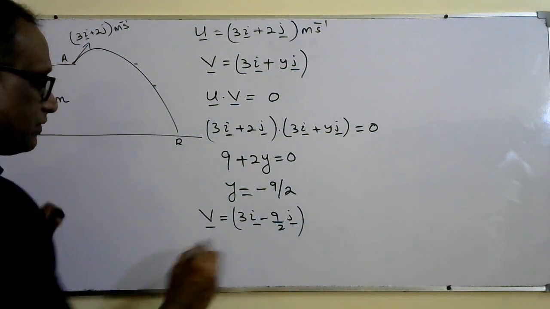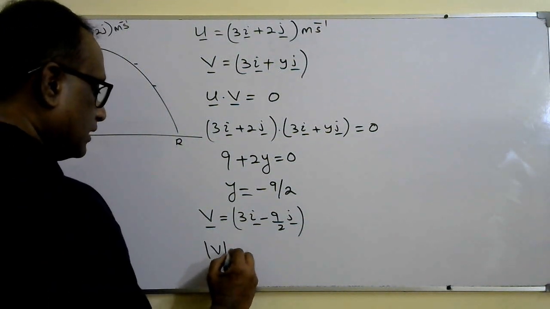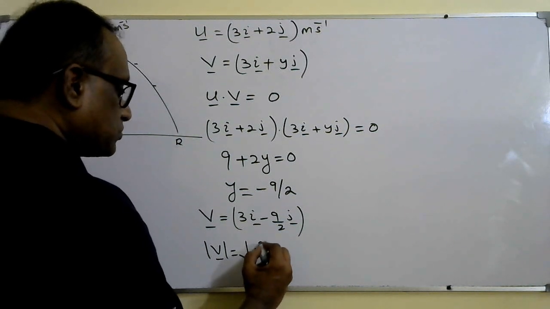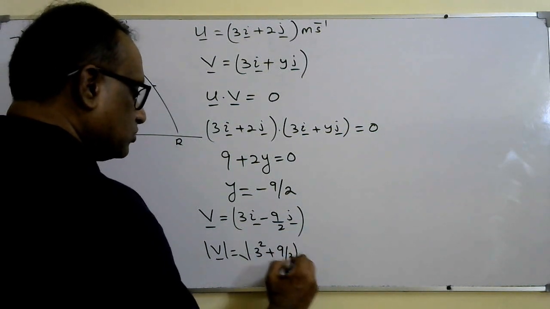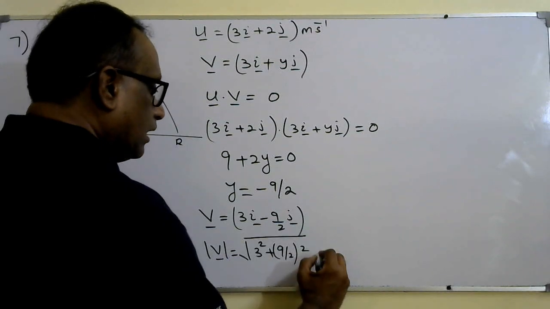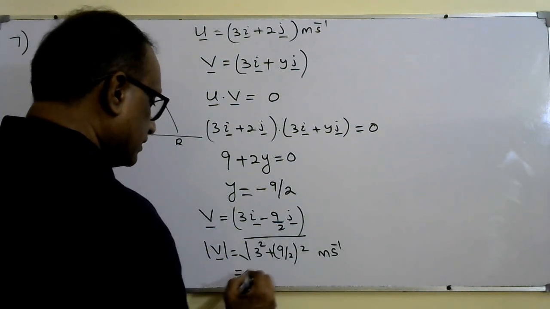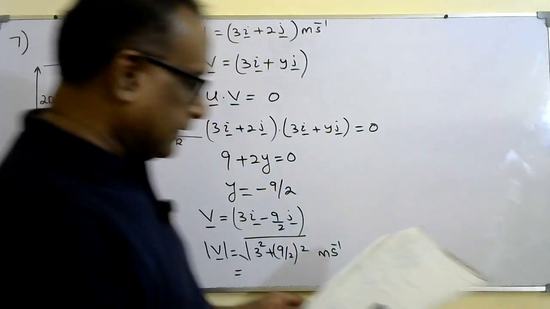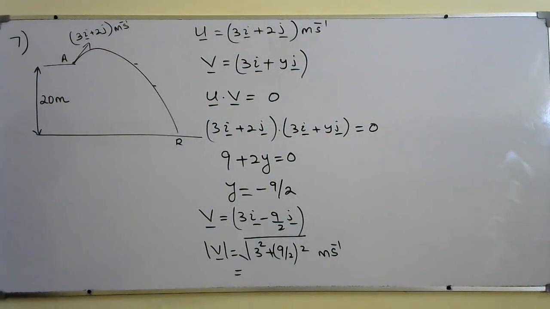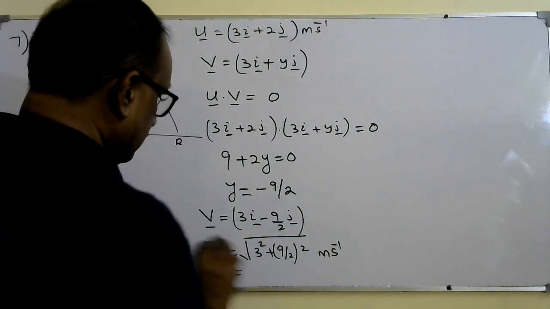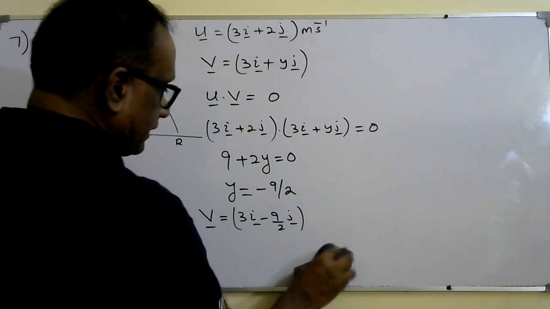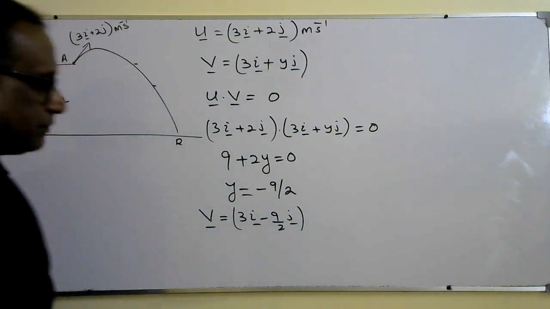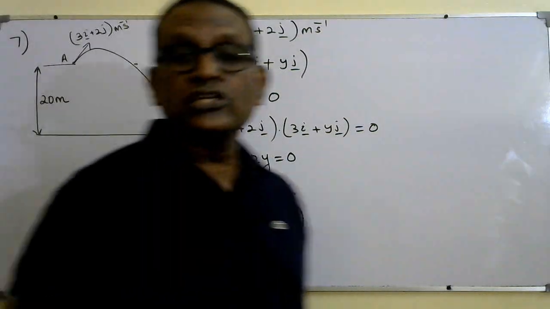So the magnitude of the velocity when it becomes perpendicular is the square root of 3 squared plus 9 by 2 squared meters per second. We can find the actual velocity, but we don't need it, because they are asking to find the height.